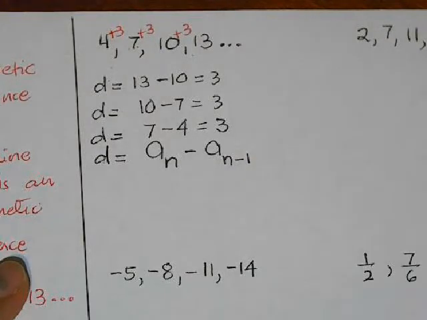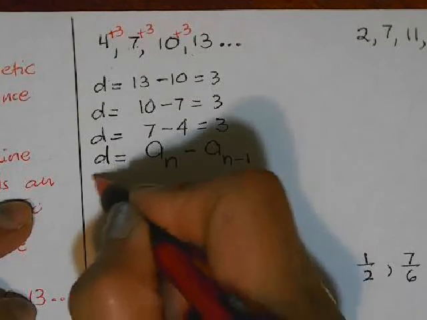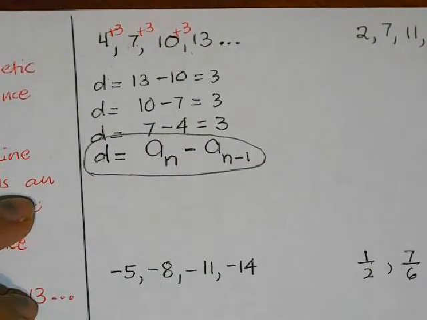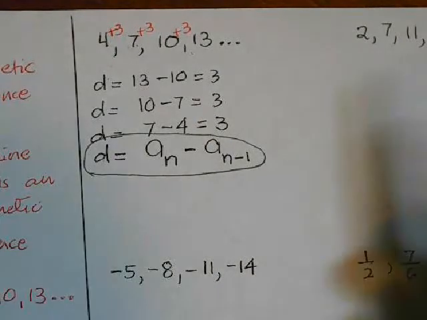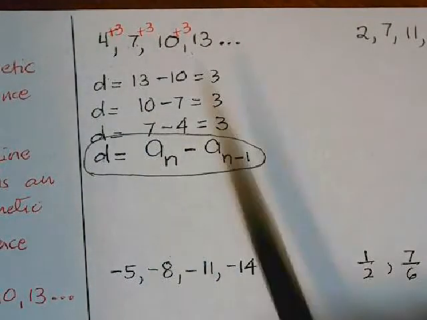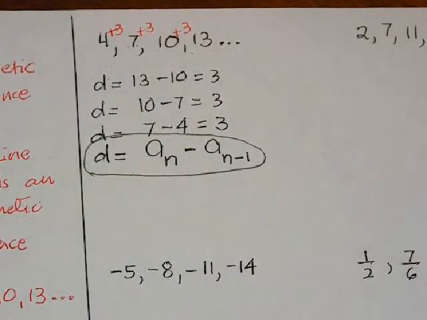That is the formula. It's a little bit too technical, but you have to learn it. It's basically saying in symbol form, to get d, you have to subtract the term before the given term. Just pause the video and try to analyze it if you are struggling.